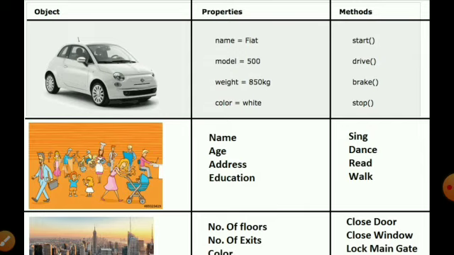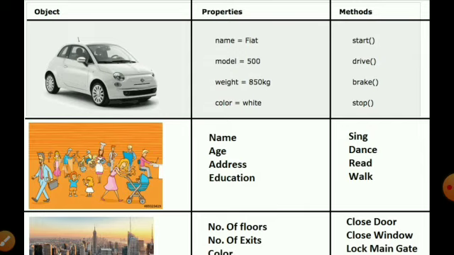The third object is buildings, isn't it? So buildings, what kind of attributes are associated with buildings? Number of floors, number of exits, color, the material with which the building is made.